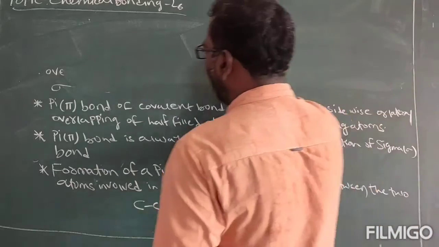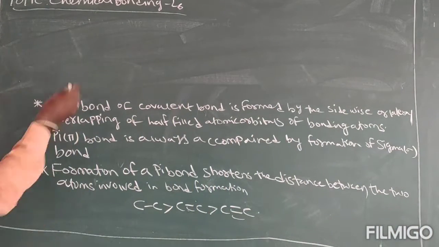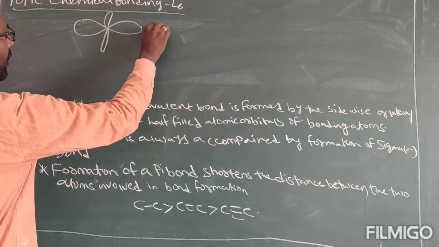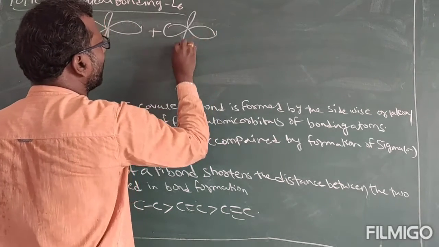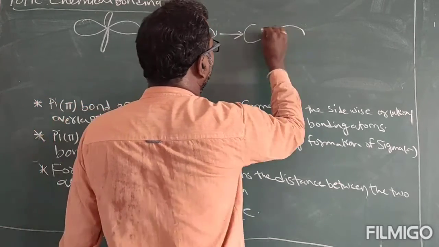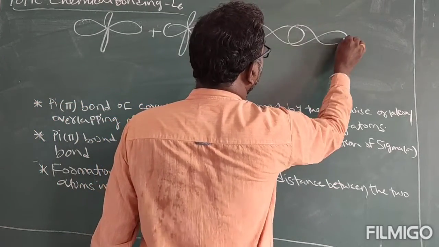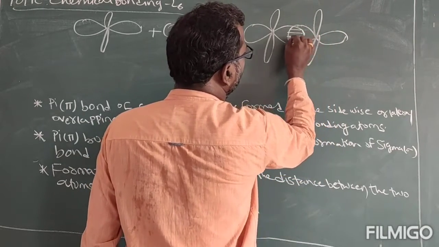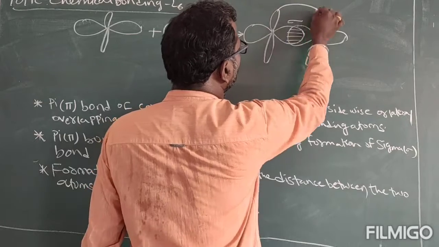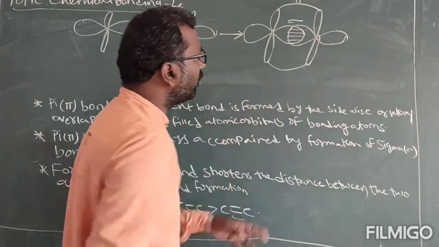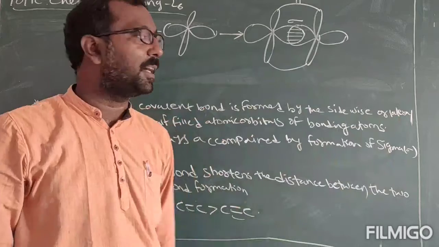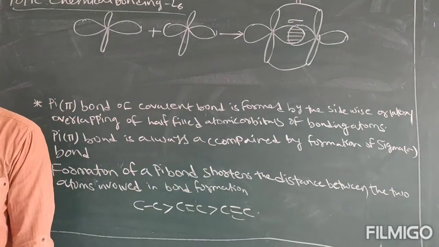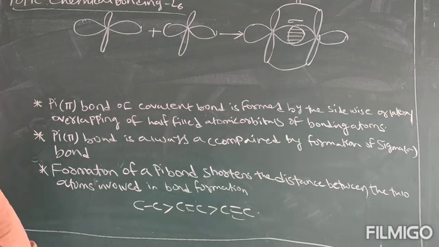I already showed it in the starting, but still once again I will show you how both the sigma and pi bonds look. Here, this bond is the sigma bond, and this sidewise one is the pi bond. But don't write it down; any one you have to consider. So that is the way you will represent sigma and pi bonds.